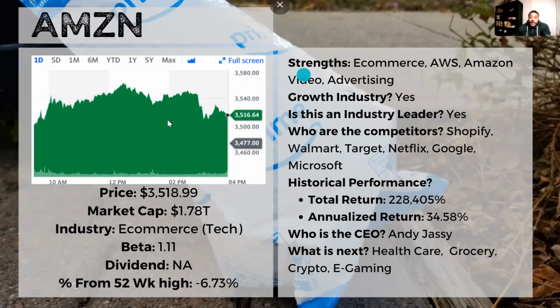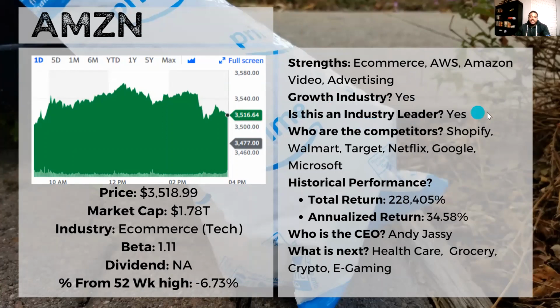And so the strengths for Amazon are e-commerce. It's the number one e-commerce company in the world. AWS, which is the platform that Amazon has pioneered. We also have Amazon Video. And one of the larger growing sectors within Amazon is advertising, especially advertising within their platform and video advertising. Is it in a growth industry?